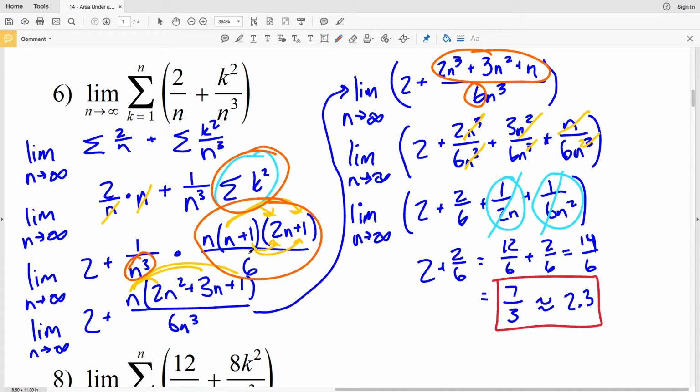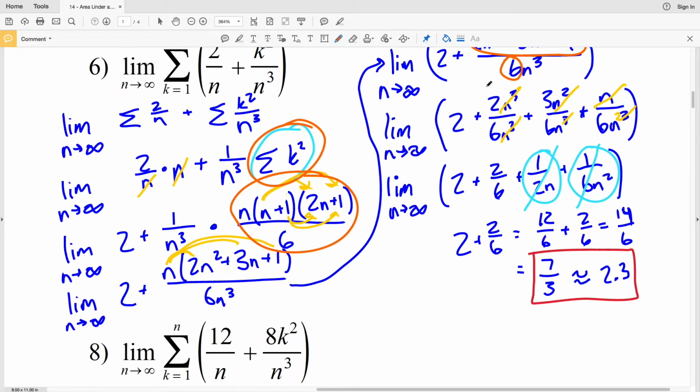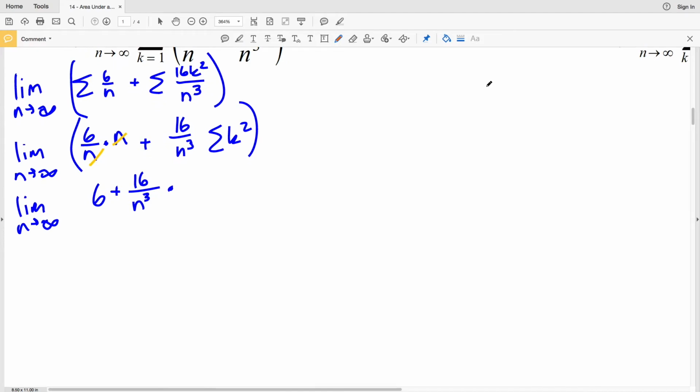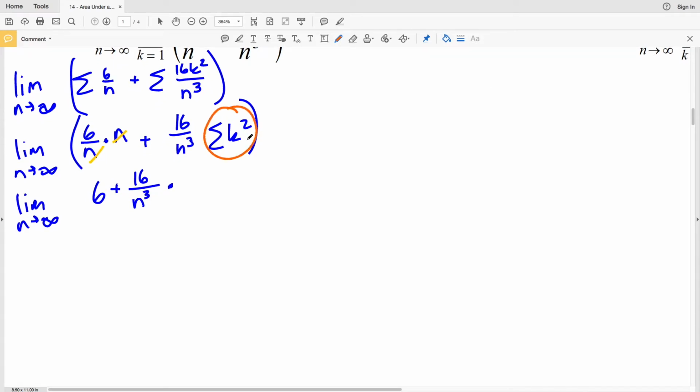Because that n cubed was the constant that I pulled out that got multiplied to the denominator, this is just over 6. That is the expanded form of that formula. So again, that was 2n cubed plus 3n squared plus n all over 6.